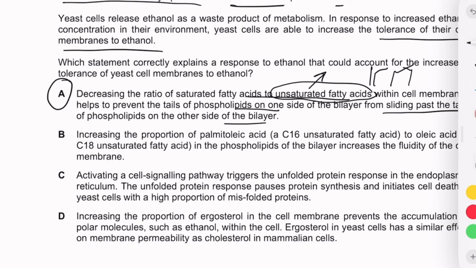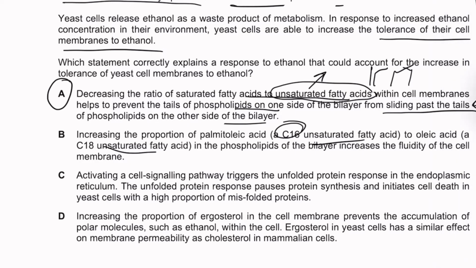Okay, increasing the proportion of palmitoleic, C16 unsaturated fatty acid, to oleic acid, C18 unsaturated also fatty acid, in phospholipid of the bilayer increases the fluidity of the cell membrane. I don't think that's right because, yes, it does increase the fluidity, because it's shorter, and obviously if you place shorter fatty acids, then you're going to have a more fluid membrane surface, but that's not the point.